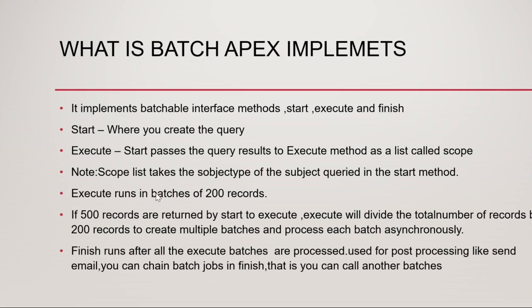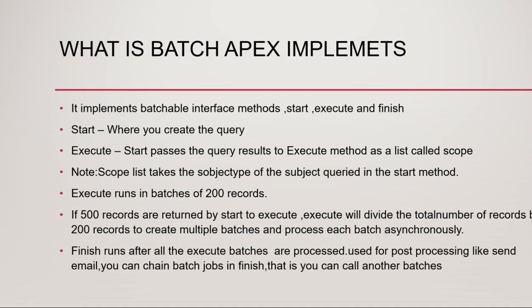Scope takes the object type of whatever is queried. Execute runs in batches of 200. How does it run? Suppose the query returns 500 records from start.